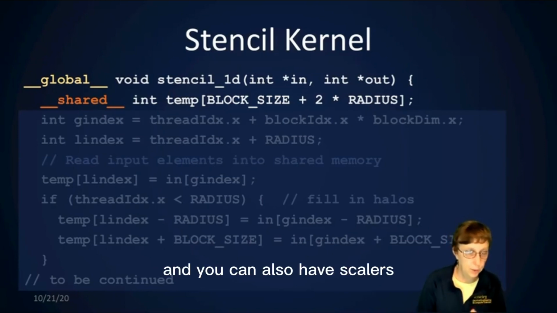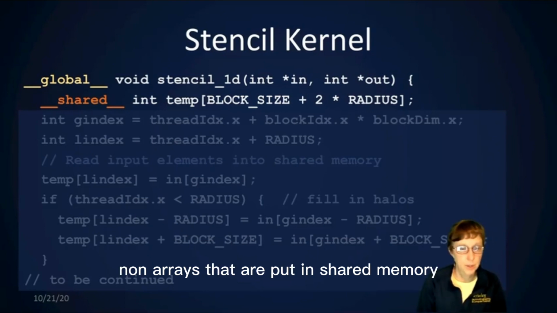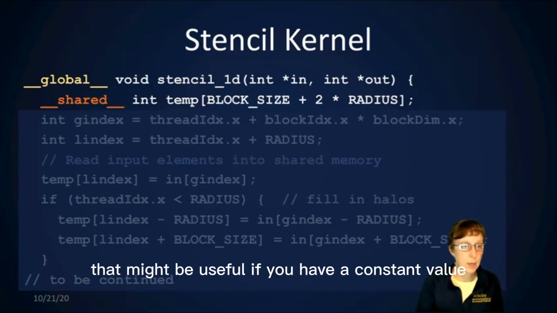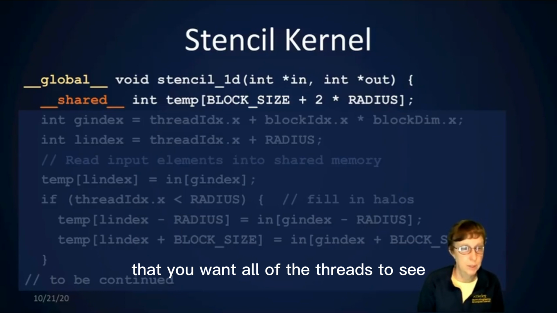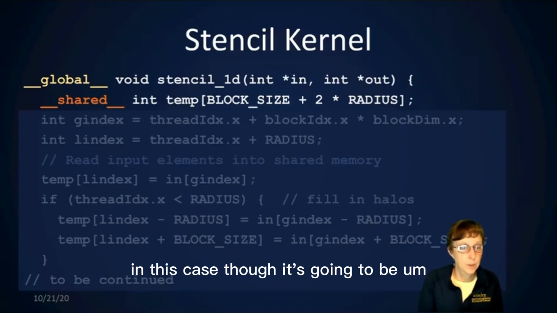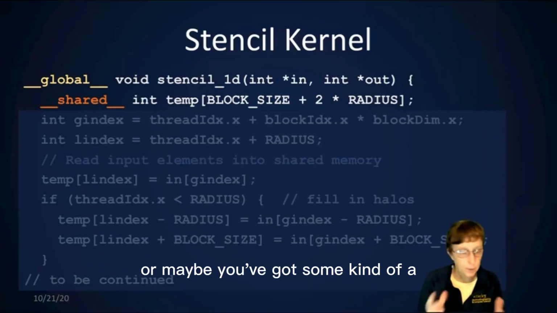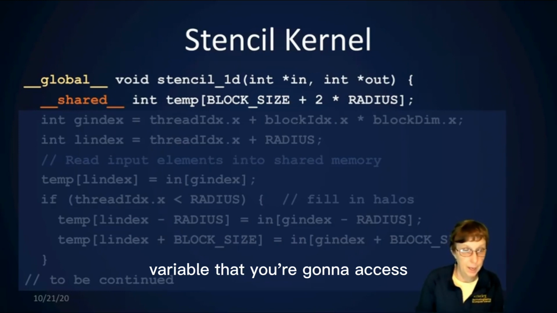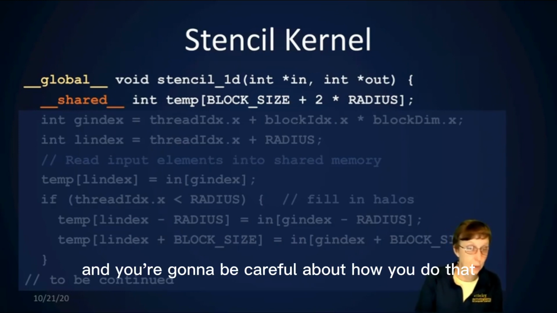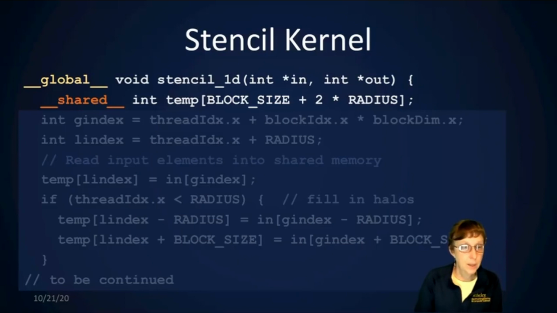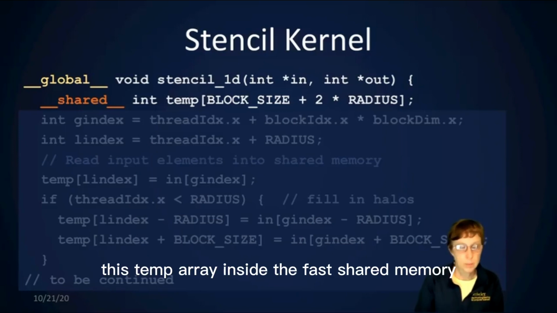And you can also have scalars, non-arrays that are put in shared memory. That might be useful if you have a constant value that you want all of the threads to see. Or maybe you've got some kind of a variable that you're going to access, say a counter, then you're going to have to be careful about how you do that in terms of synchronization. But in any case, this is going to put this temp array inside the fast shared memory.